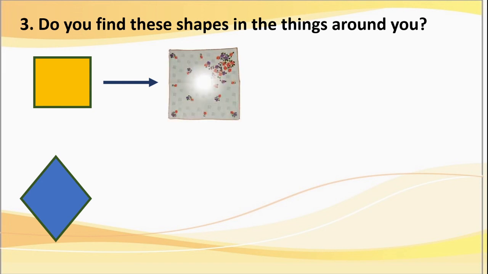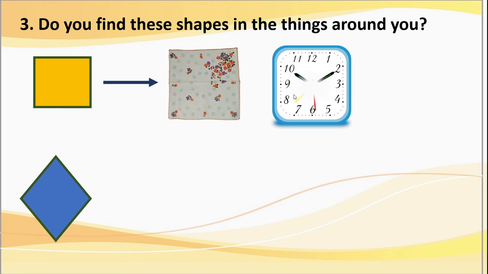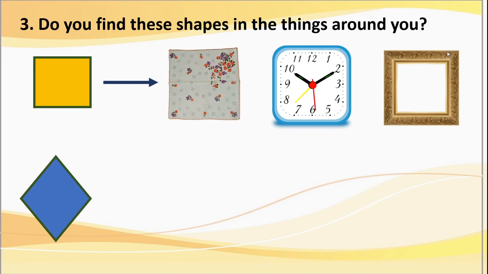See here, first one, hanky or handkerchief. This is a square shaped wall clock. This is a photo frame which has square shape. Dear children, try to add 3 more things which have square shape.